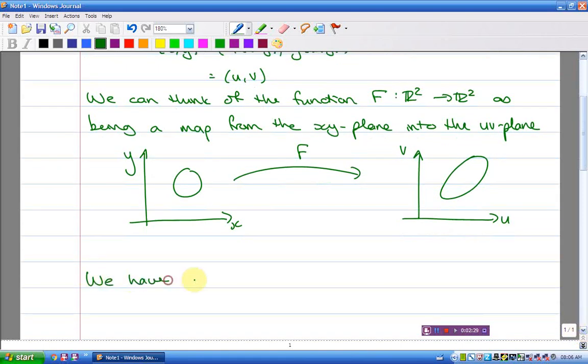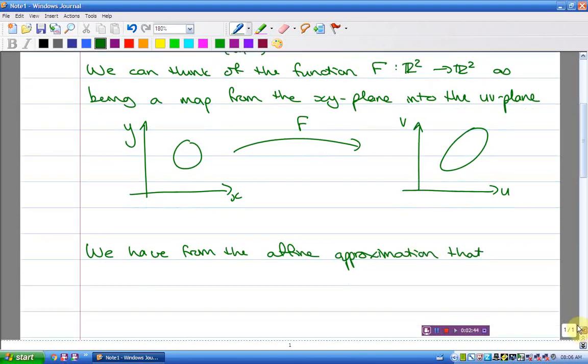We have, from the affine approximation, that we can linearize our potentially nonlinear vector field like that.